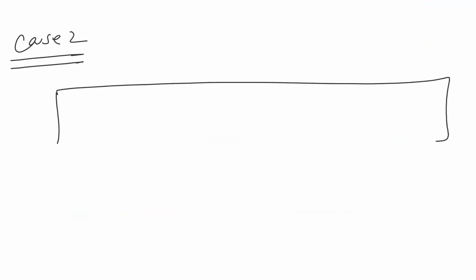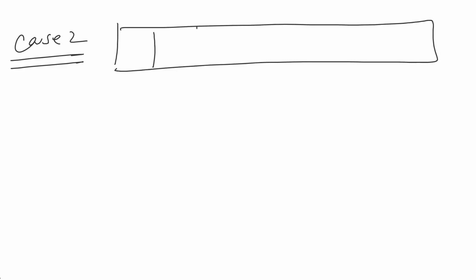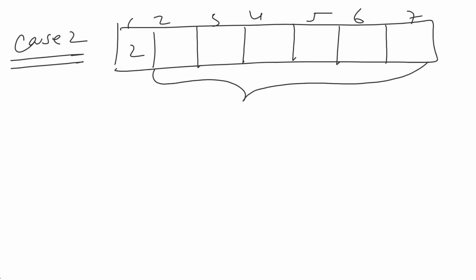Again a 7-digit number. Let the number start with 2. So these are the remaining places where we have to make the arrangements. I'll just write down the object list for these places.